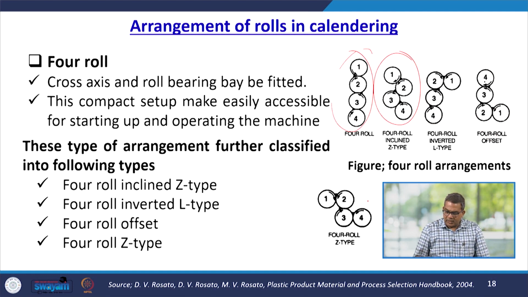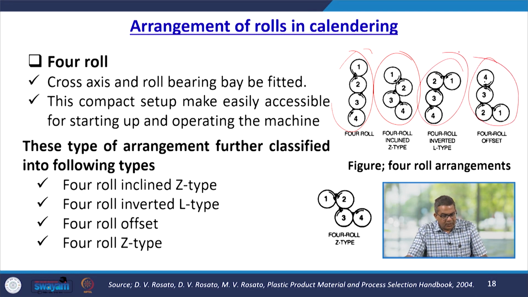Four rolls, you see different combinations. Four roll inclined Z type, this is the L type, and four roll offset. They have cross axis, and the roll bearings may be fitted, and this compact setup makes the machine easily accessible for starting up and operating. These arrangements are further classified into different types, like four roll inclined Z type and four roll inverted L type.